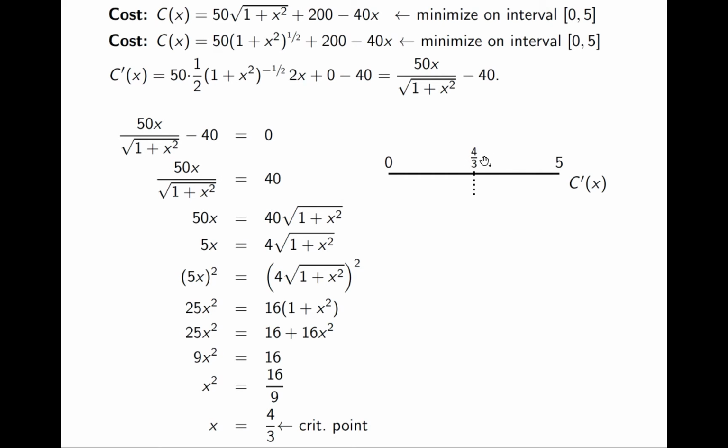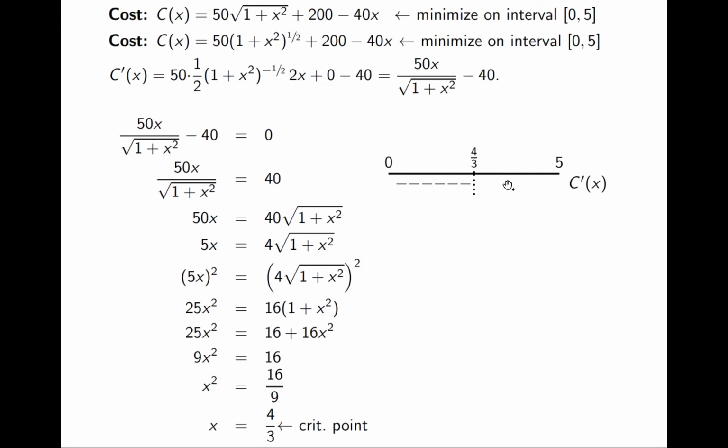Here's our critical point of 4/3. And we're going to look at the sign of c prime of x. Let's see. Why don't we take a test point of 0? If you plug in 0 to c prime, 50 times 0 over this is 0 minus 40. That's definitely negative. So c prime is negative there.